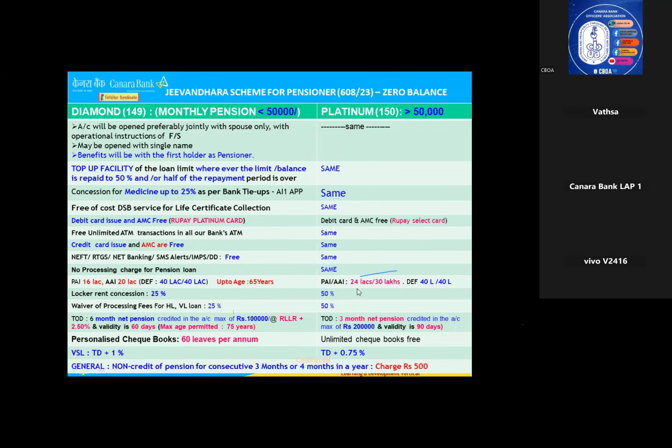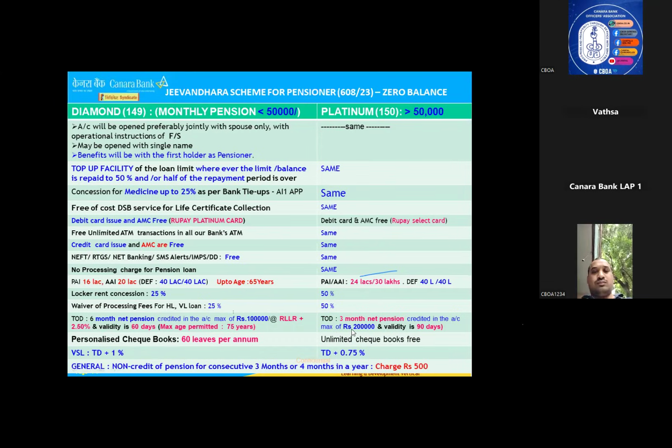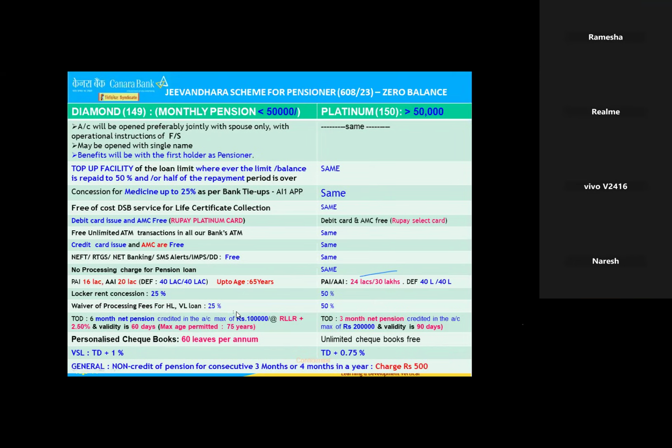TOD is a maximum of 1 lakh and valid for 60 days. Maximum age is 75 years. Here, 3 months net pension, maximum of 2 lakhs, and validity is 90 days. Okay. Personalized checkbooks: 60 leaves per annum for the first category. Second category, unlimited checkbooks free.